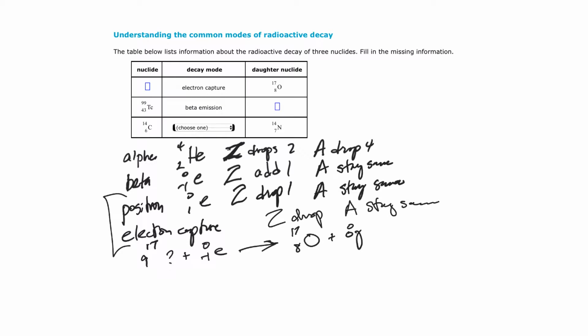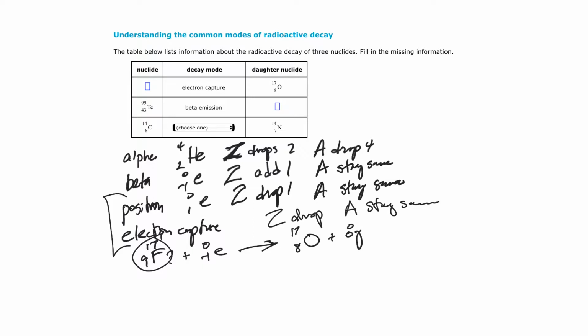Well, what is 9? 9 is fluorine. So this must be fluorine 17 plus an electron. Adding an electron will drop that down. So you pull in an electron and it steals one of your atomic numbers from fluorine down to oxygen 8. So that would be oxygen 17.